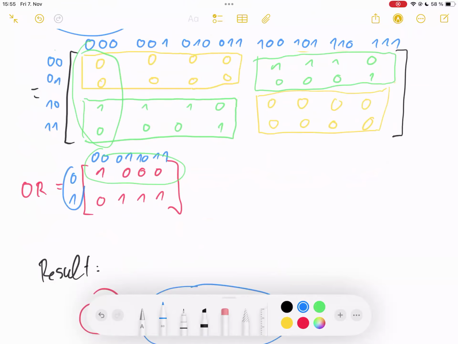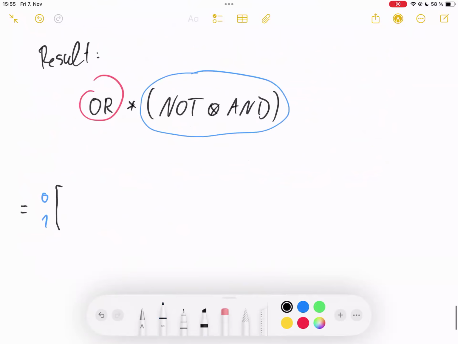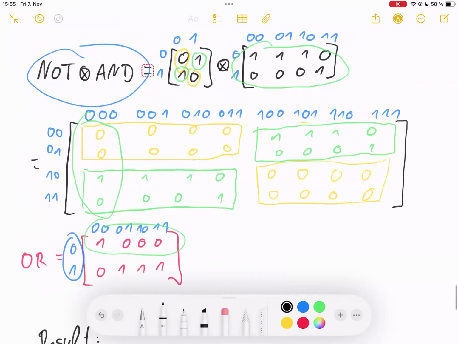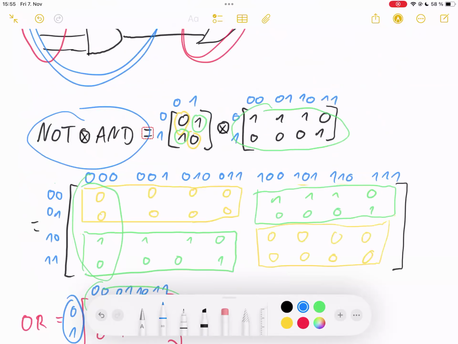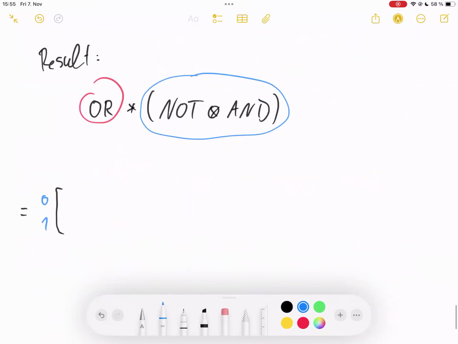will have 2 outputs, 0 and 1, just from the definitions we saw before. And I have 8 columns here because I have my 3 inputs. So this will stay: 000, 001, 010, 011, 100, 101, 110, 111.